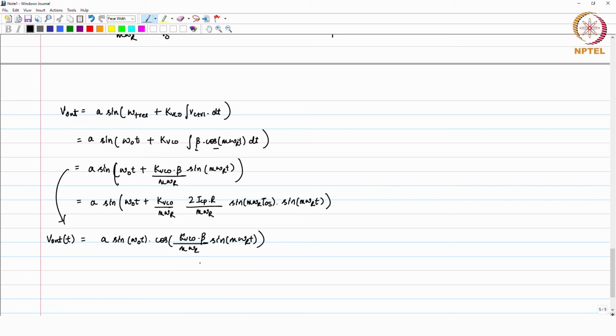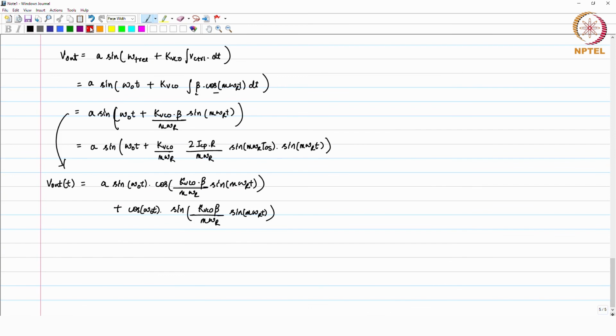Using sin theta cos theta, plus cosine of omega naught t times sine of k VCO beta by m omega r times sine of m omega r t. Now, we will make an assumption that the argument of this is quite small. We know beta is normally quite small, and then you have another factor of m omega r in the denominator. Call this whole thing theta.